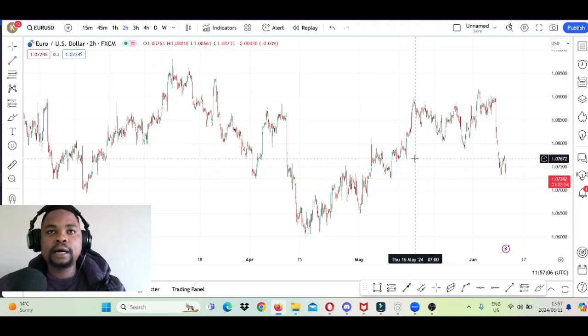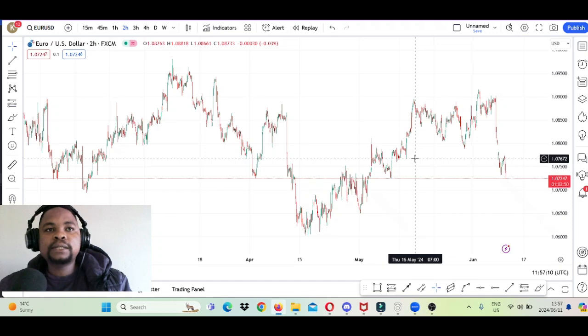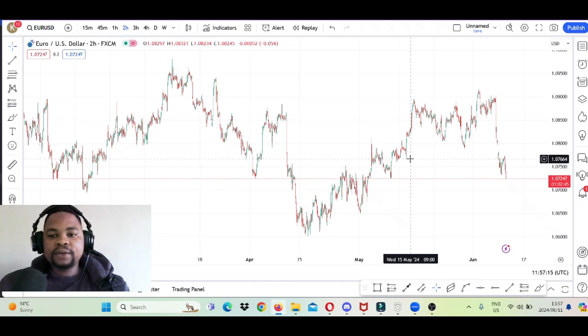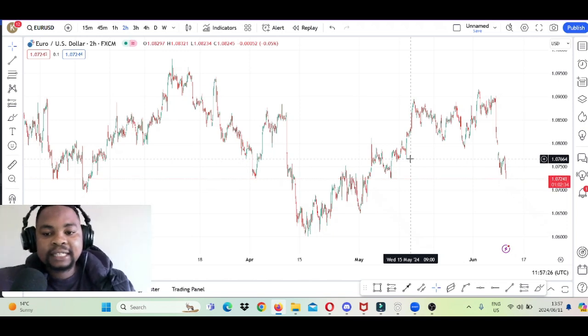I know others can afford to buy tablets. They can simply move around with those. I know it's much easier that way, but not everyone can afford that, and not everyone can always have their tablets around. It's much easier and nicer to have your smartphone around when you are trading.